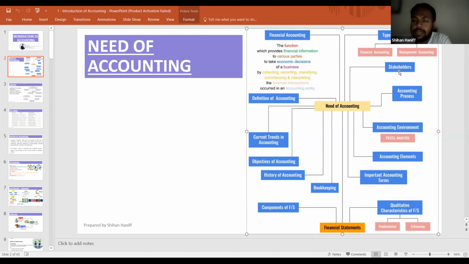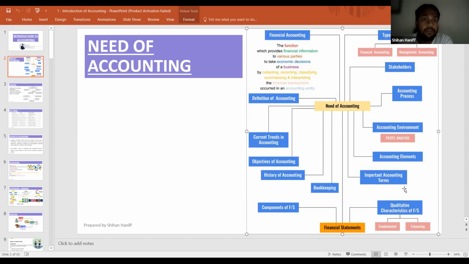Then stakeholders, accounting process, accounting environment, accounting elements, important accounting terms, bookkeeping, history of accounting, objective of accounting, and the current trends in accounting. There is also a heading for financial statements, with two subheadings: the components of financial statements and the qualitative characteristics of financial statements. Once you complete this part, you will be able to answer any question from this chapter.